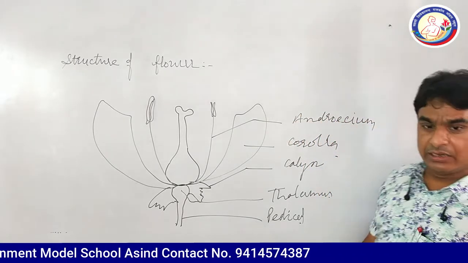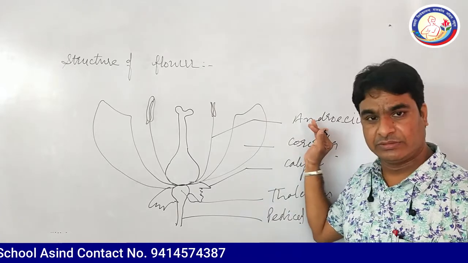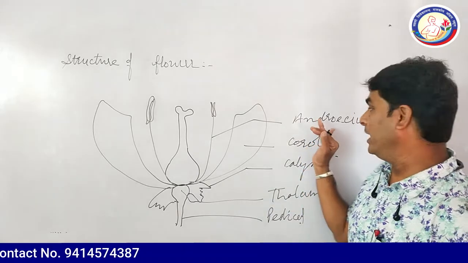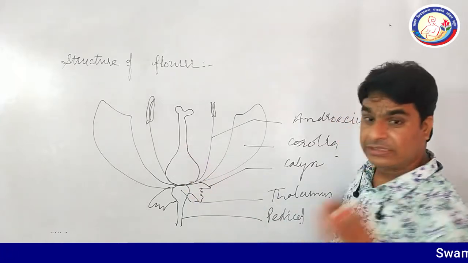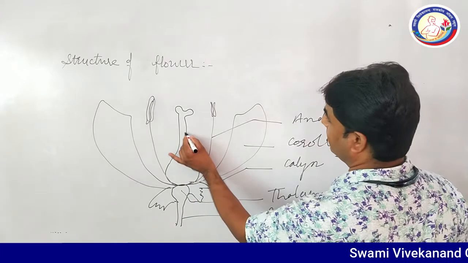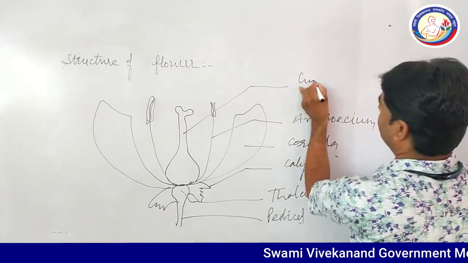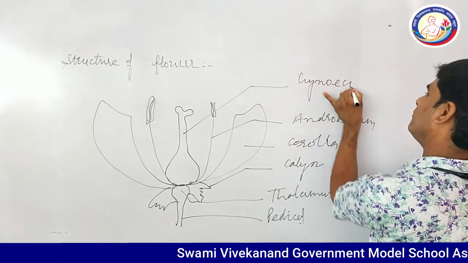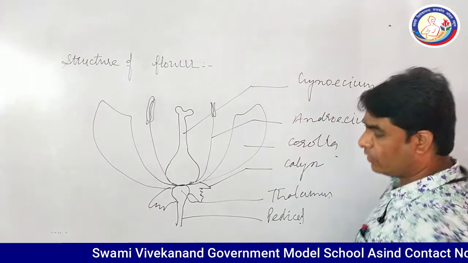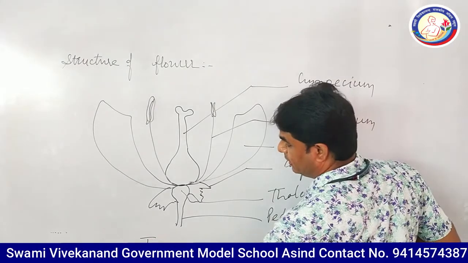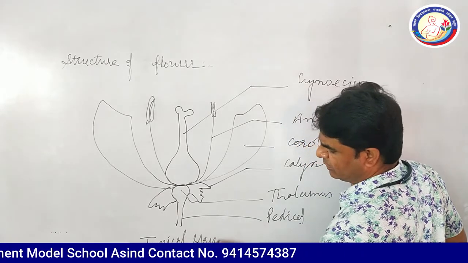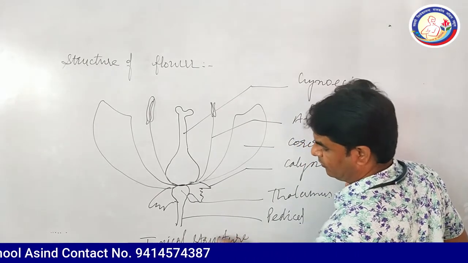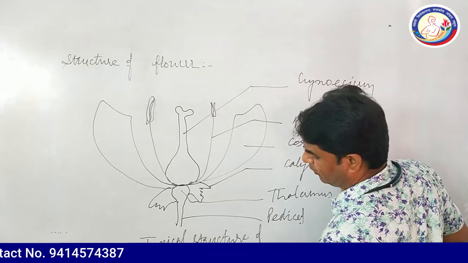This is basically a group of stamens. It shows the male reproductive organ in the flower, and in the center of the flower is the gynoecium. So you can see this is the typical structure of a flower.